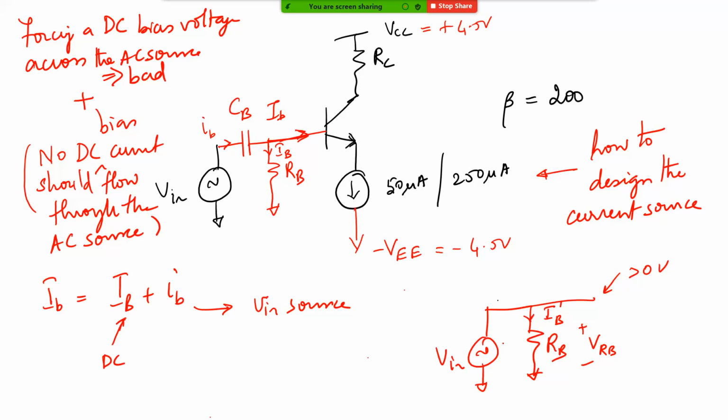That's not a good thing. Suppose this is trying to establish a DC of 0, and you are trying to short it with a DC voltage, depending on which element is there, that will blow up. So always make sure that the AC voltage source does not have any DC bias current flowing through it or any DC voltage forced across it.